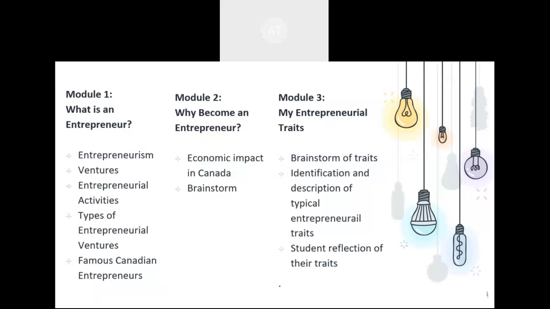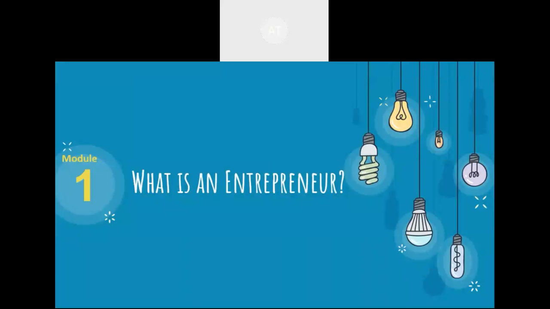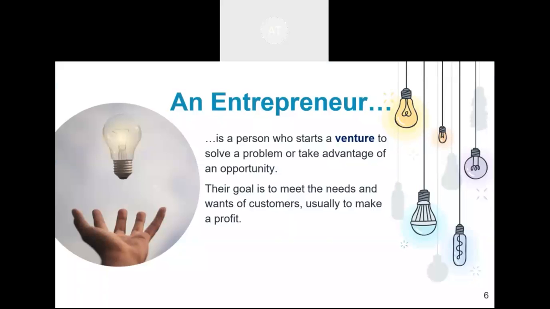We'll take a quick look at some of the highlights and the layout of each of the modules. Module 1 is: what is an entrepreneur? This is an example of the slide layout that is typical of the entire SPE.